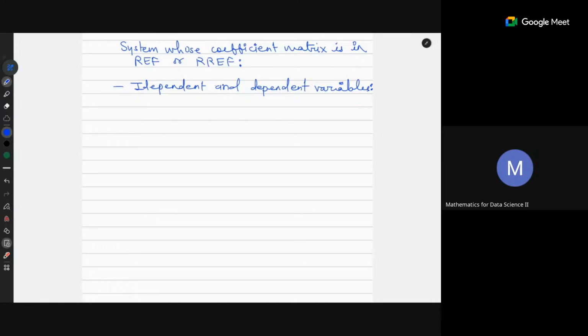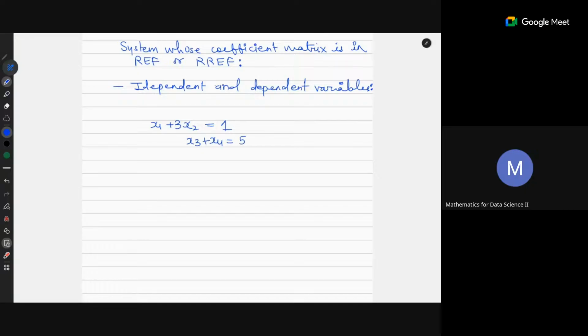So for example, let's say you have a system of equations given by this: x1 plus 3x2 is equal to 1, and then x3 plus x4 is equal to 5.